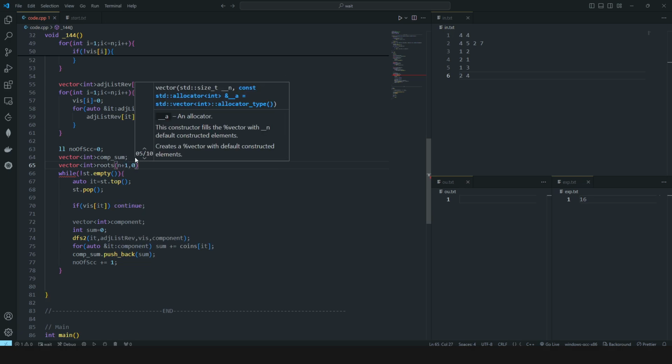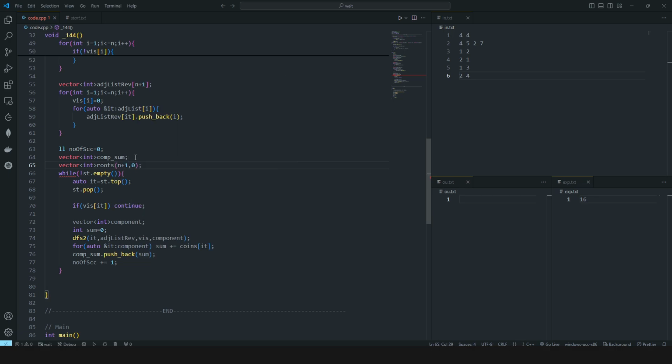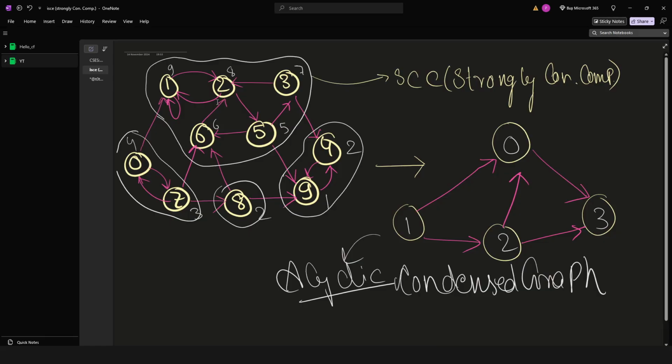Let's initialize it to 0, right? So when I was calculating the sum of coins for each component, I will be giving each element of the component a common ID. Like for a component there were multiple elements, like in this example there are 5 elements, 1 2 3 5 6, for this component.